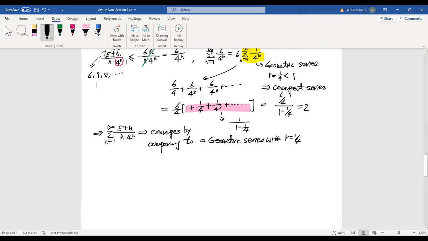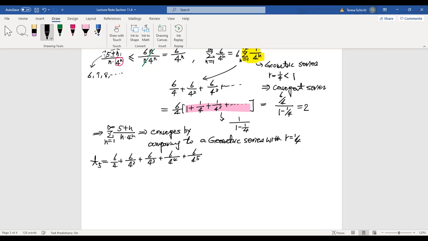Okay, so now let's take a look. We said the fifth term, right? So for the series here, the fifth partial sum, that means I'm just adding 6/4 plus 6/4 squared plus 6/4 cubed plus 6/4 to the fourth plus 6/4 to the fifth, right?